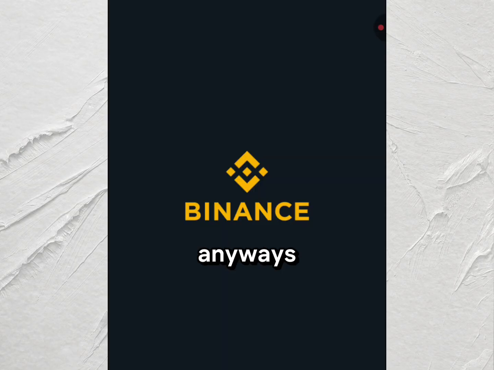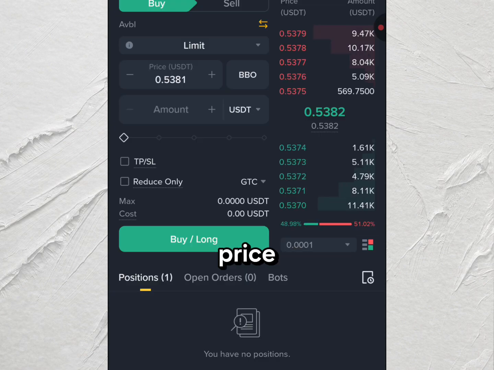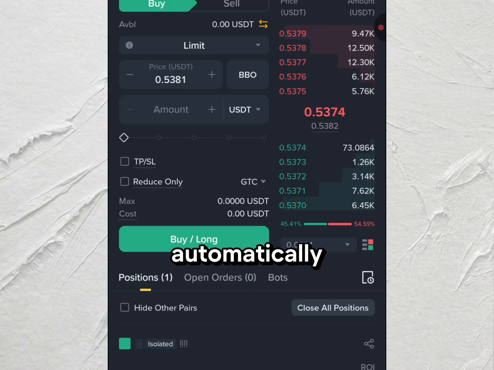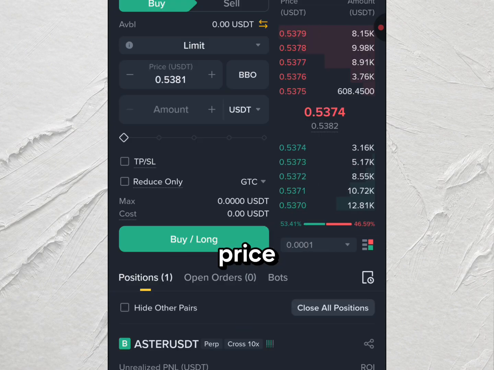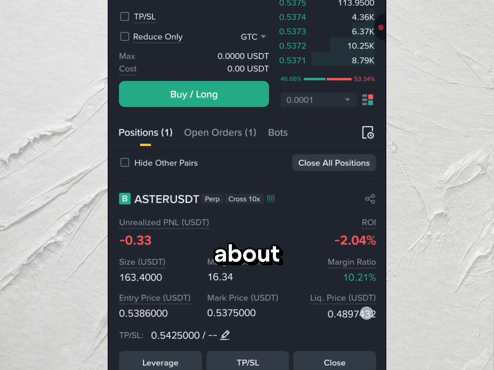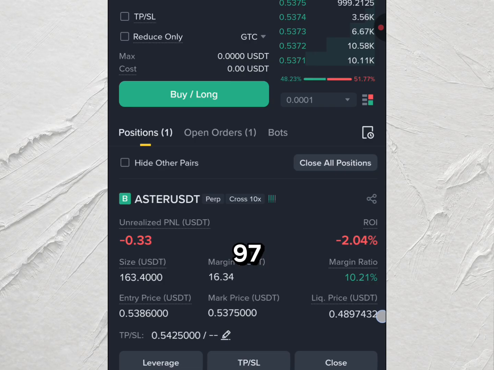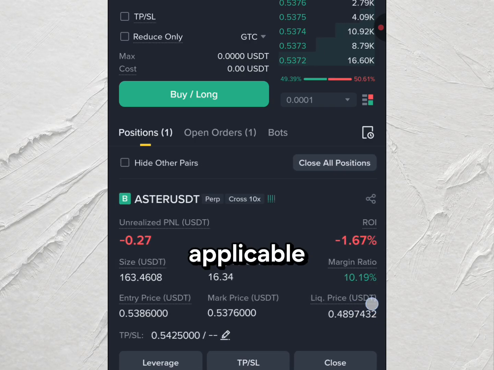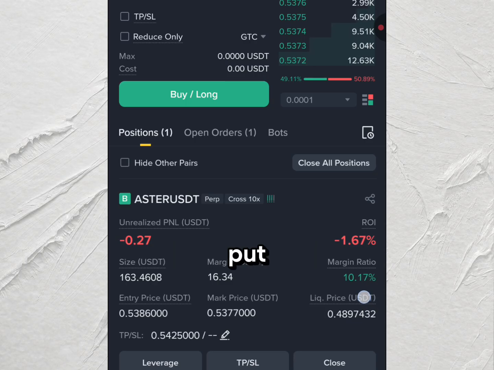But anyways, your liquidation price will be given to you. Binance will automatically set your liquidation price, and they are going to show you a range, and this range is about 0.4897. So this liquidation price is only applicable, and it will only be implemented if you do not put a stop loss.